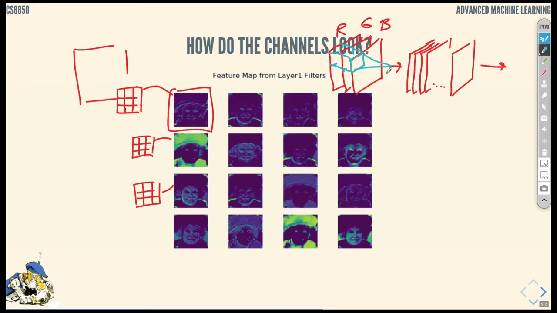Our filter now has 9 times 3 parameters for each of the channels. There are respective parameters. The same happens here.